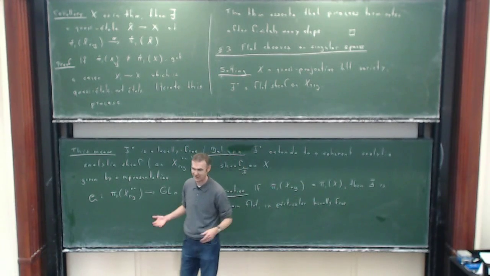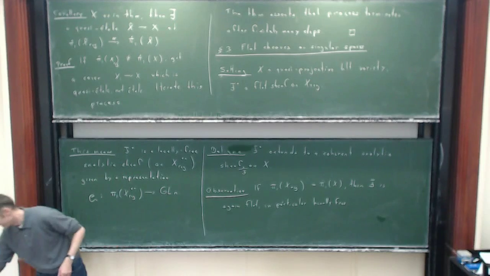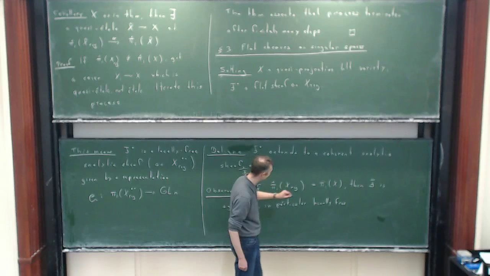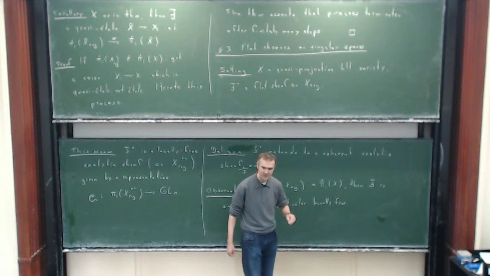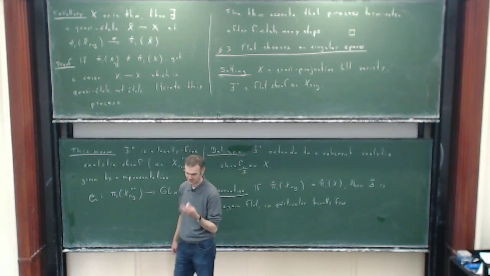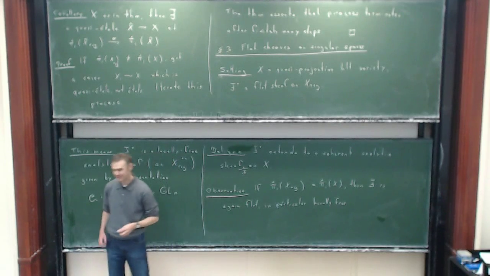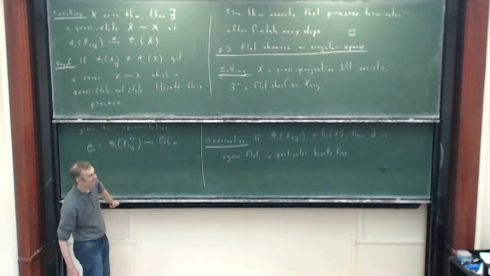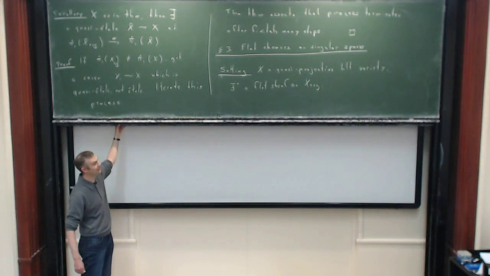And if the two groups are the same, then okay, there's nothing to it. Unfortunately, we do not know that these two groups are the same. We only know that their profinite completions are the same. So there's something profinite going on here, and there's some extra input that we need.